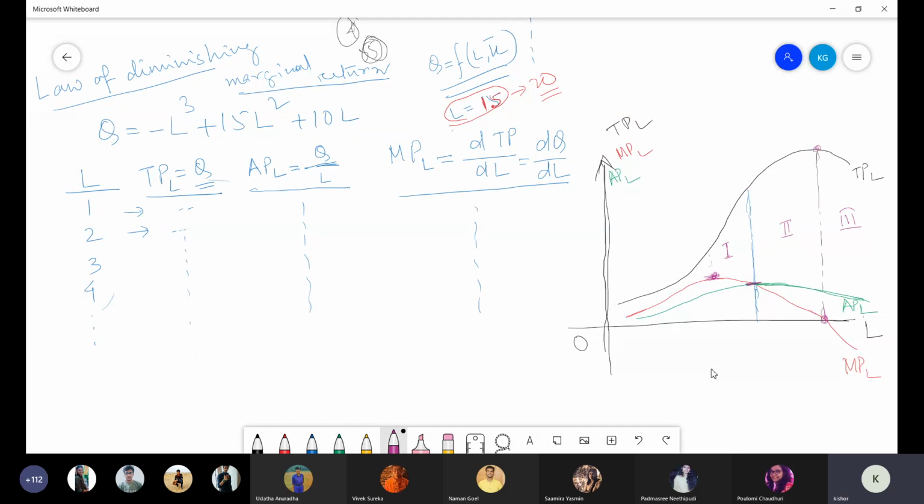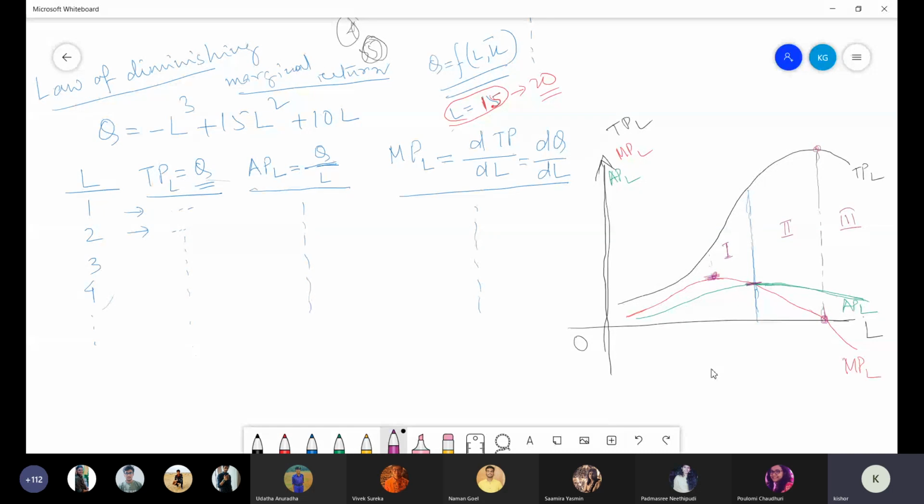In stage 3, marginal product is negative, and total product is also decreasing. So no rational producer will try to produce in stage 3, because first of all, your inputs are not freely available.